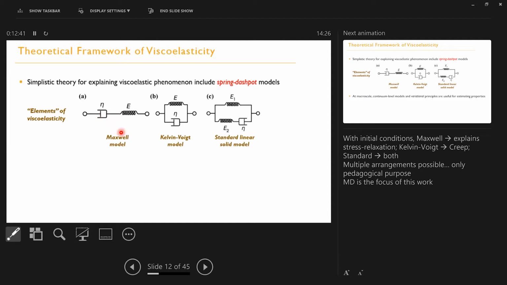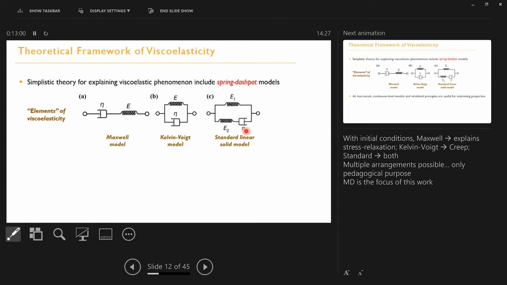People were trying to put these two elements in various combinations, like series, parallel, or in multiple numbers along series and parallel. Just like you have resistors and conductors in electrical circuits, you can place them in different ways.